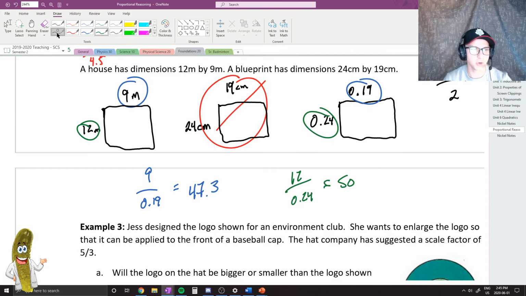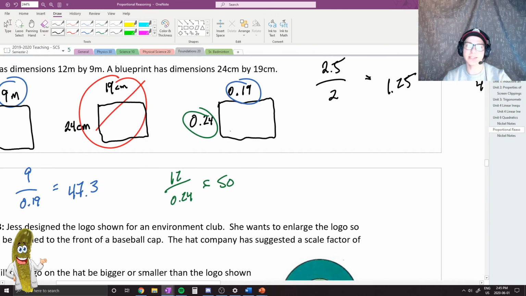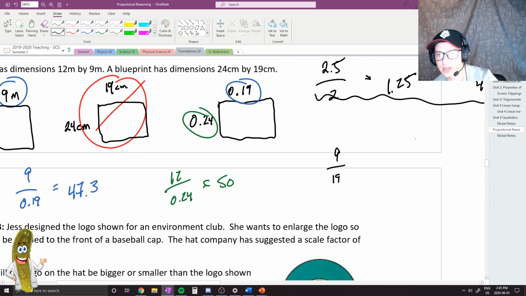Now, what I wanted to show you as well is what would happen if you didn't convert between units. So let's say that we did 9 divided by 19. Let's just draw a line here. And the other option that we had was 12 divided by 24.